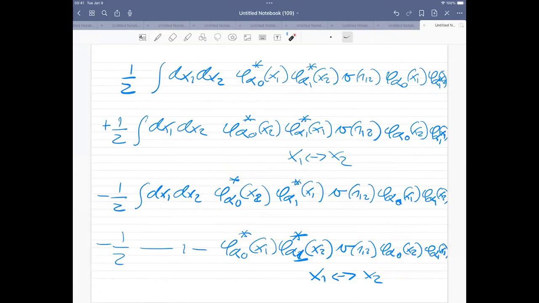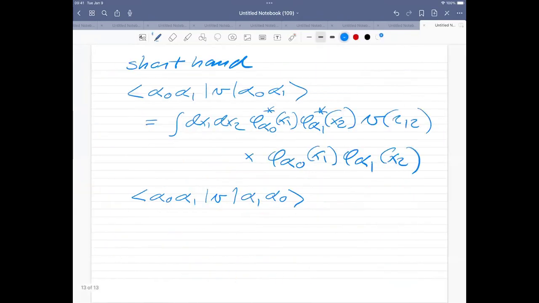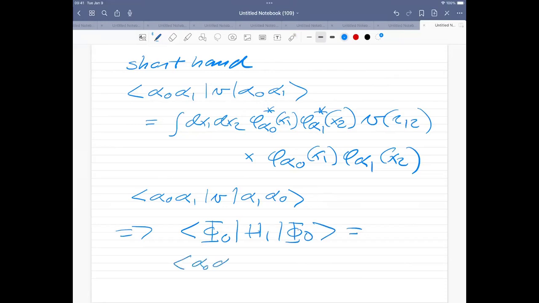So if I add these terms, what I get at the end is that this expectation value of Φ0 H_I Φ0 for two particles is given by these integrals: ⟨α0 α1|v|α0 α1⟩ minus ⟨α0 α1|v|α1 α0⟩.